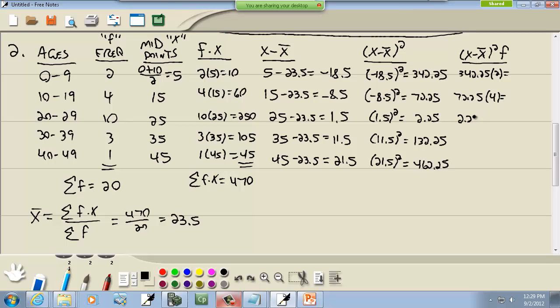We'll take 2.25 times f, which is 10. We'll take 132.25 times f, which is 3. And 462.25 times f, which is 1. That's 462.25.